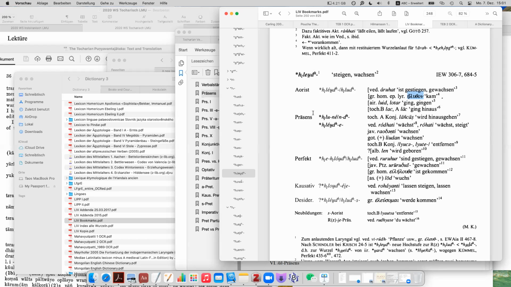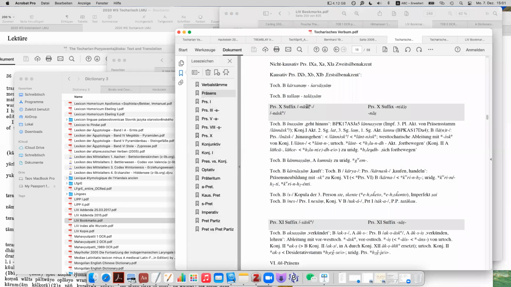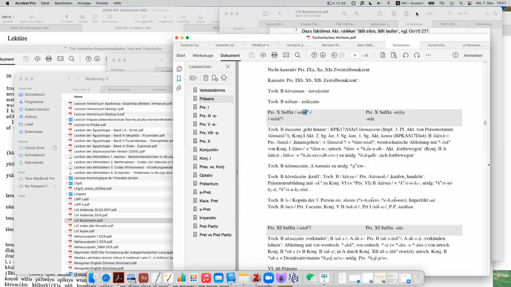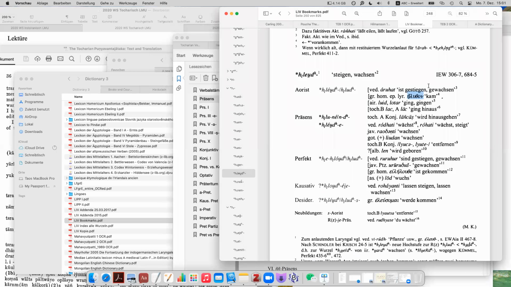And then this lundere becomes lunch in Tocharische. And then this lunch was again secondarily extended by a sk present, yeah. So that's why you have in Tocharische, for the present, lunnesk, yeah. So it has become pretty complicated, yeah.